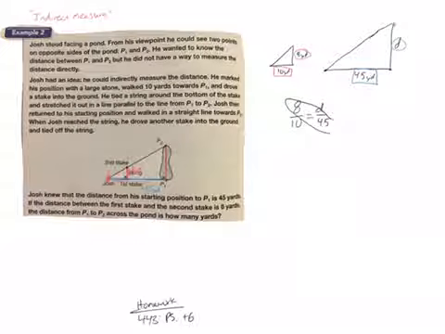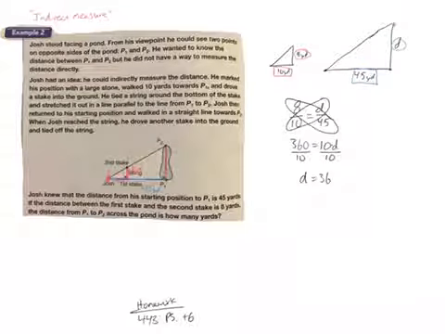Multiplying 8 times 45, I get 360. 10 times D, I get 10D. These ones are multiplying, so the opposite is to divide. So I get that distance is equal to 36 yards. So the distance between P1 and P2, or the length across that pond, is 36 yards.